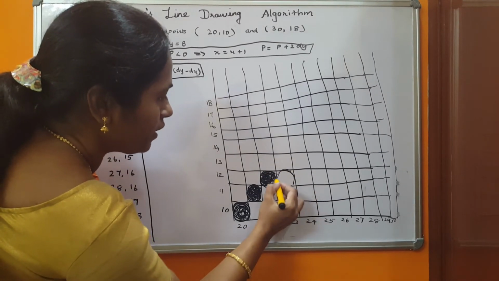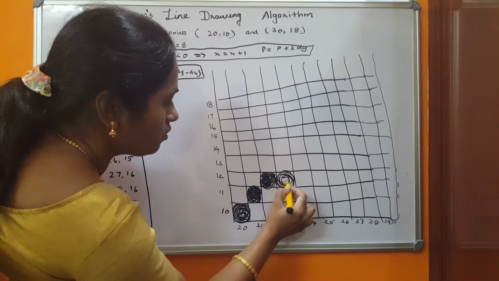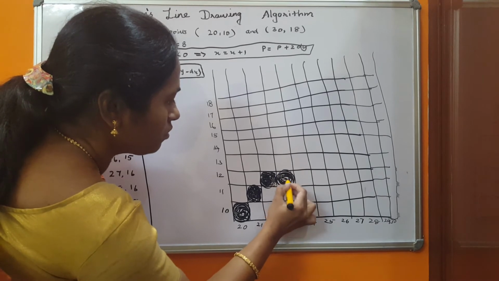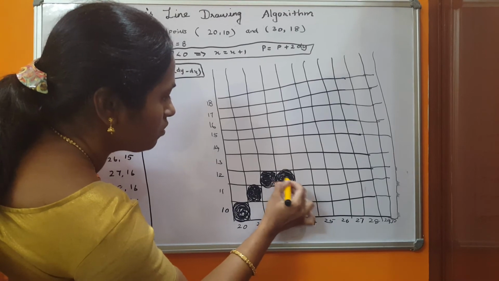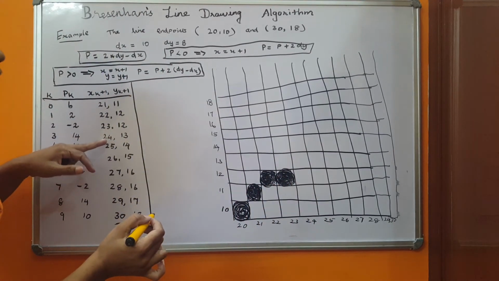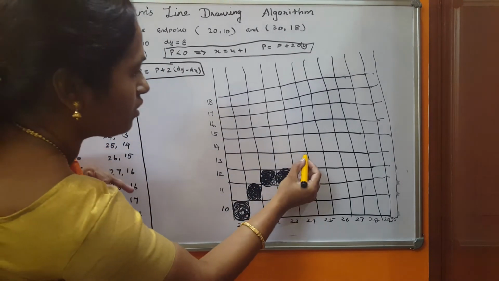So this is plotted here. The next point is 24, 13.